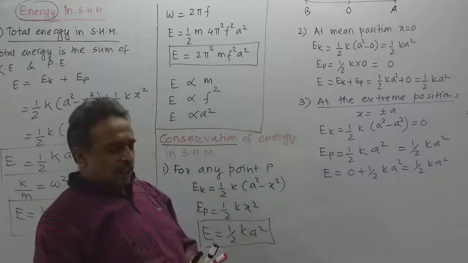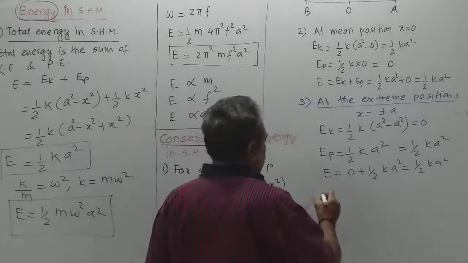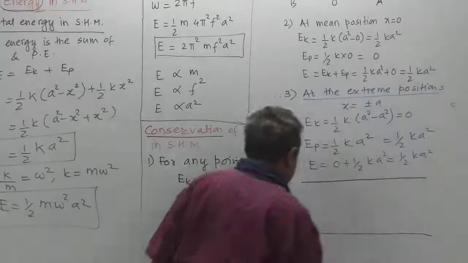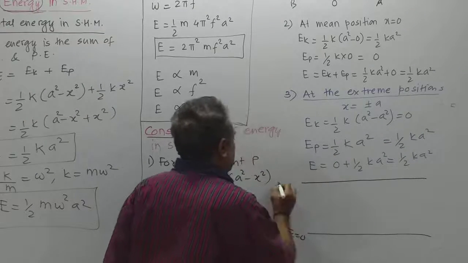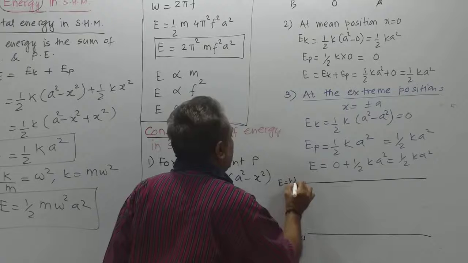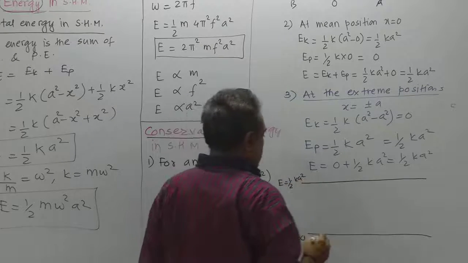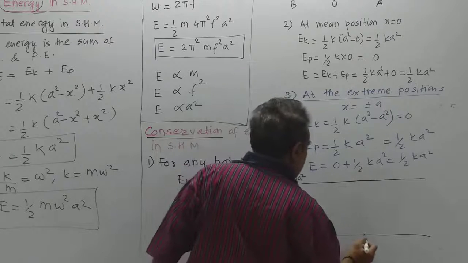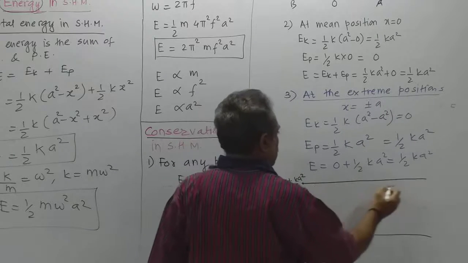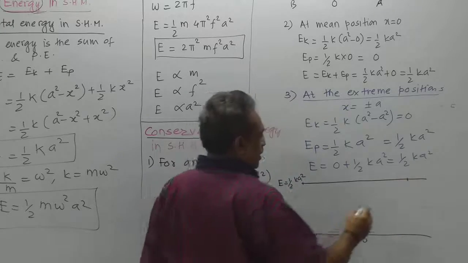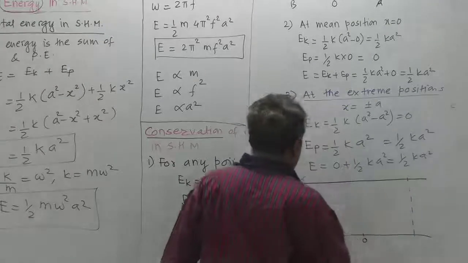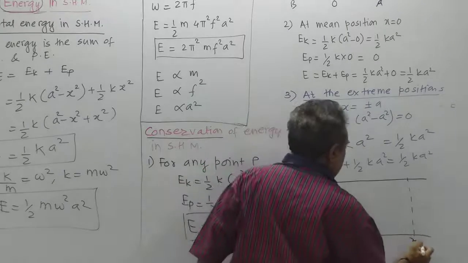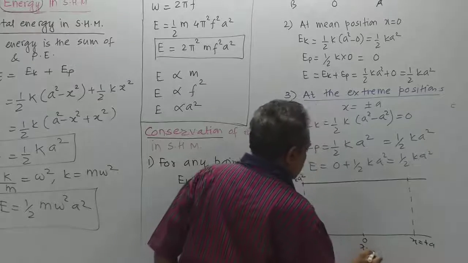Now I will plot a graph showing both the forms of energies. This is E equal to 0, this is E equal to half KA square. At the mean position potential energy is 0 and at the extreme positions potential energies are half KA square. I am plotting it like this: x equal to minus A, x equal to plus A, and here x equal to 0.